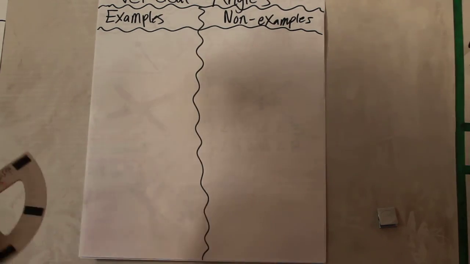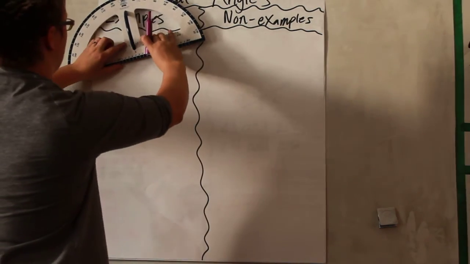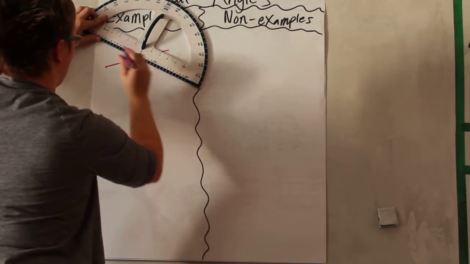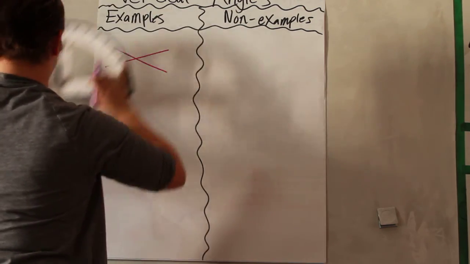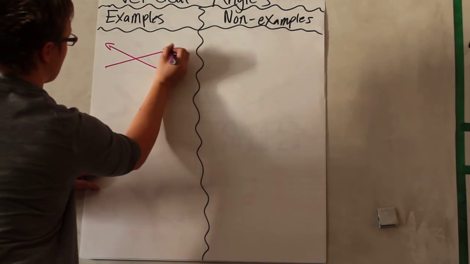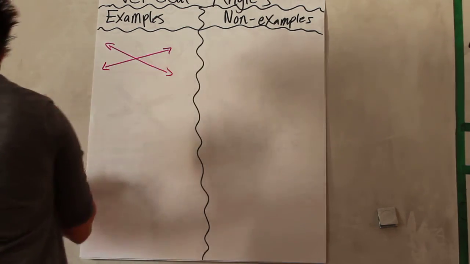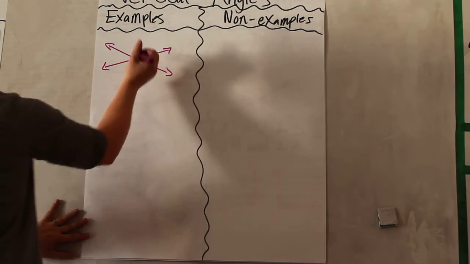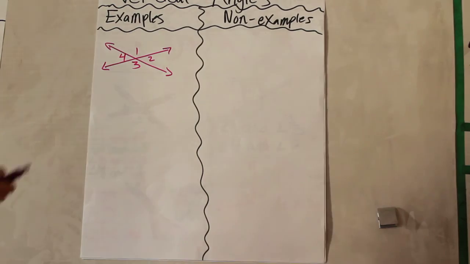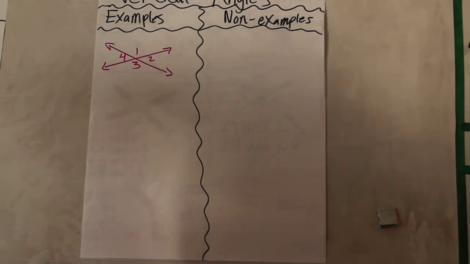So if we have two lines that intersect in the middle, even if we don't know the angle measures, we can still determine which ones are vertical and which ones are not.